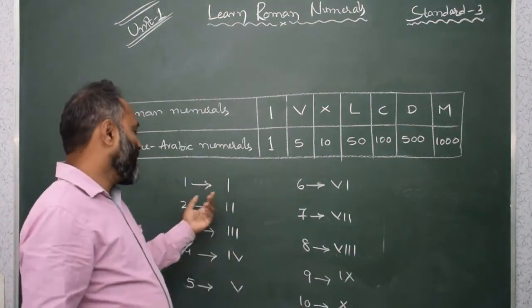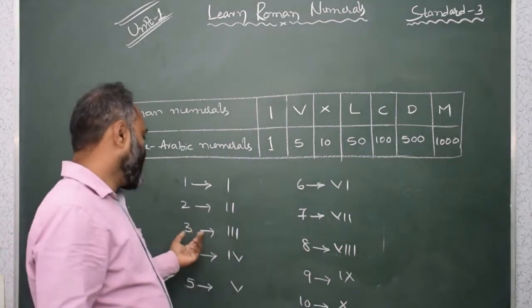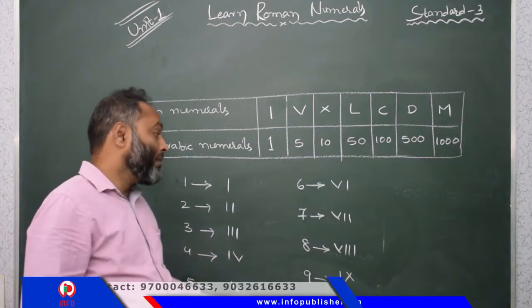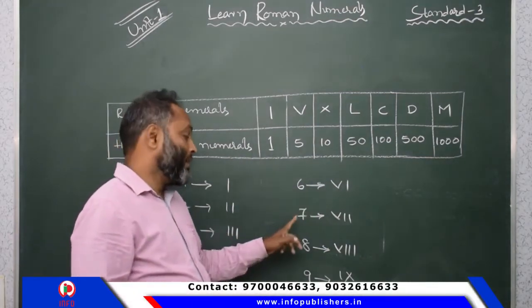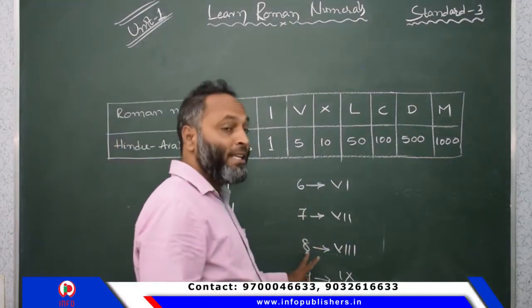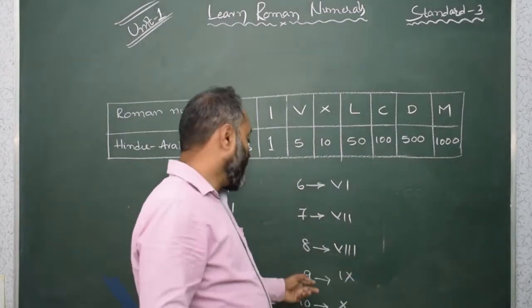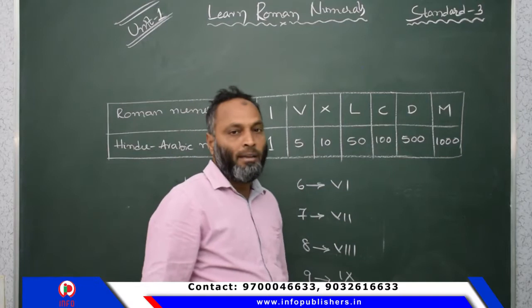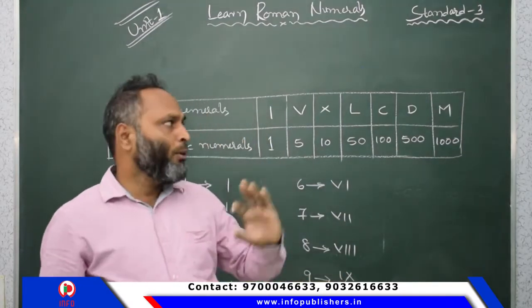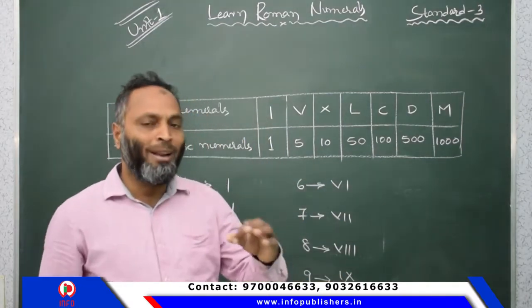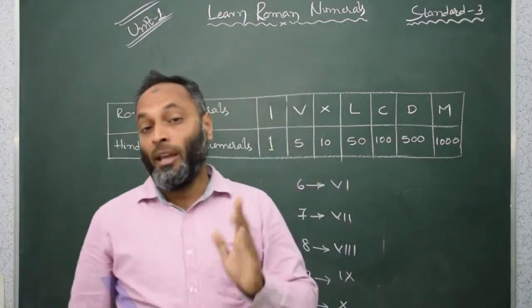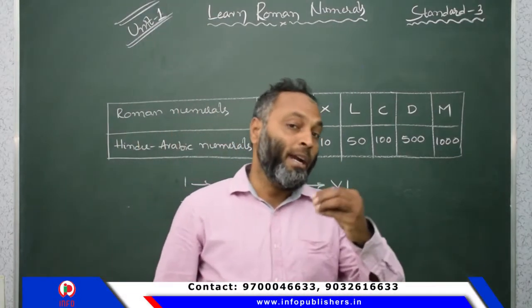So 1 is I, 2 is II, 3 is III, 4 is IV, 5 is V, 6 is VI, 7 is VII, 8 is VIII, 9 is IX, and 10 is X. Here, if any Roman numeral repeats twice, we have to add 2 times.